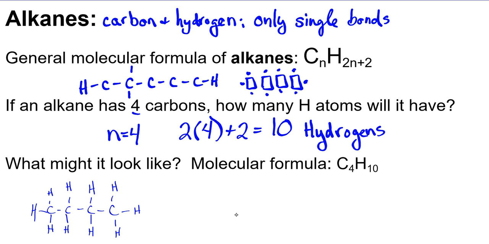We could also play around with it a little bit, start connecting them differently. Instead of putting that 4th carbon on the end, I'm going to make it branch off here. Okay, so this carbon here in the middle, 1, 2, 3, 4 bonds coming off of it, 3 to other carbons, and 1 to a hydrogen to fill up that 4th bond that has to be there.